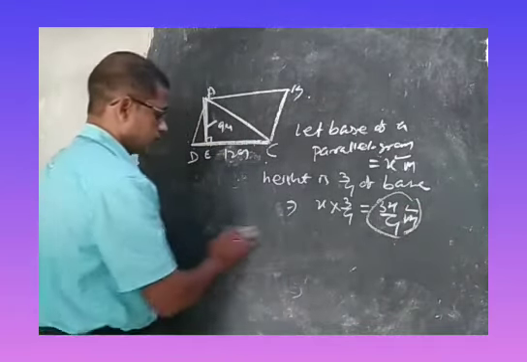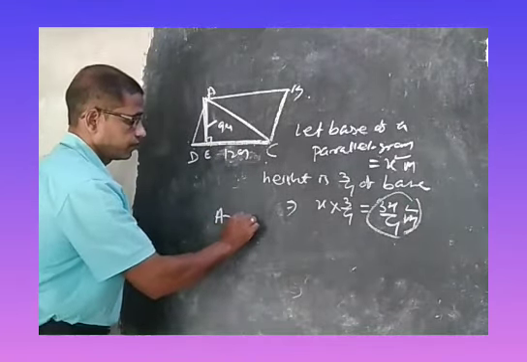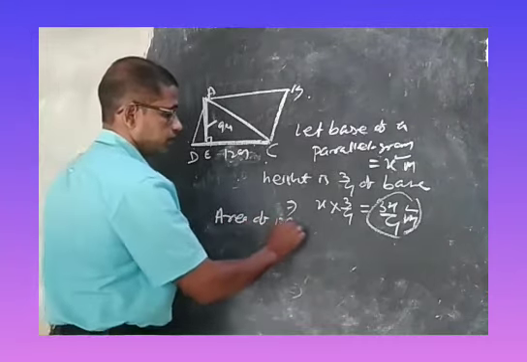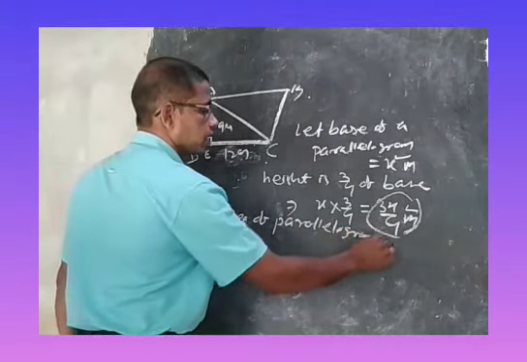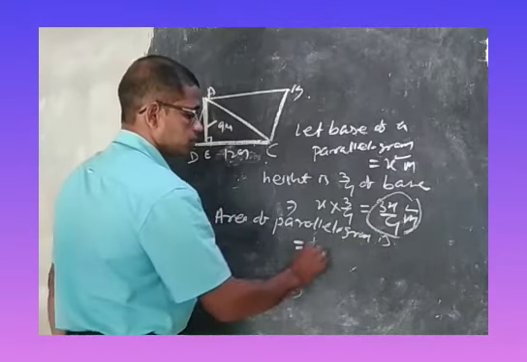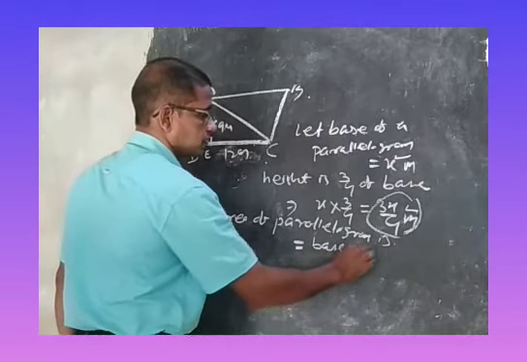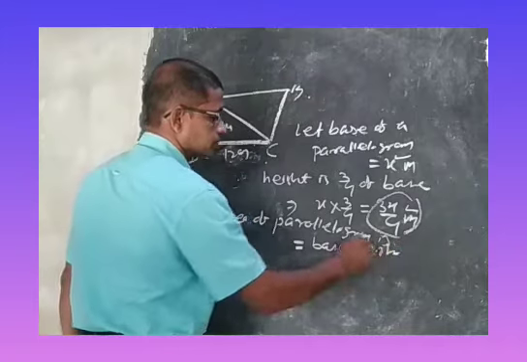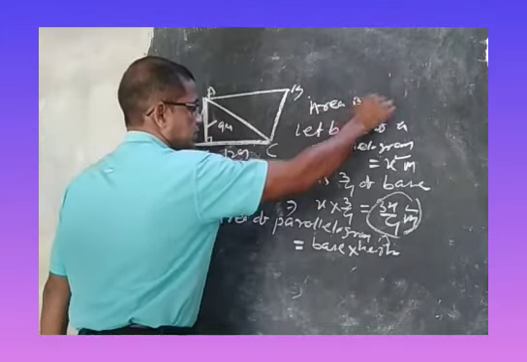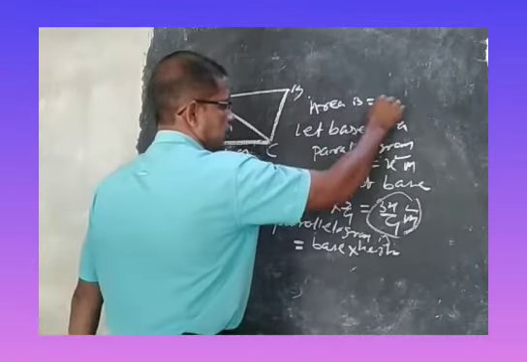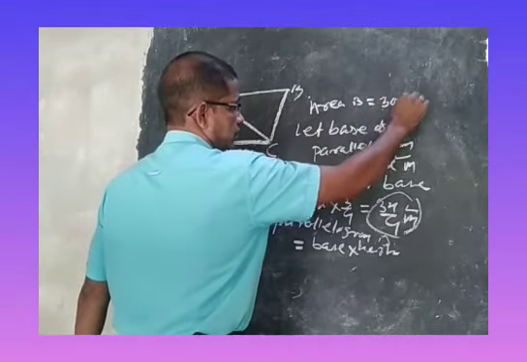Area of a parallelogram is equal to base into height. Area is given, area is equal to 300 meter square.